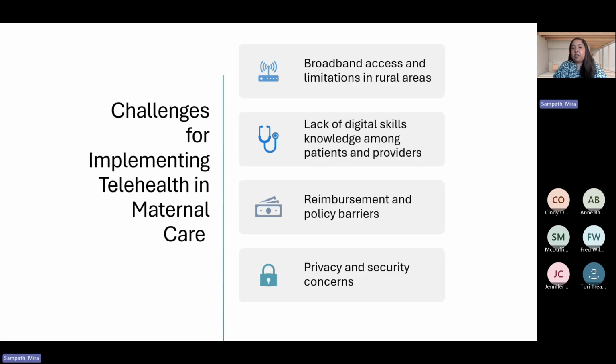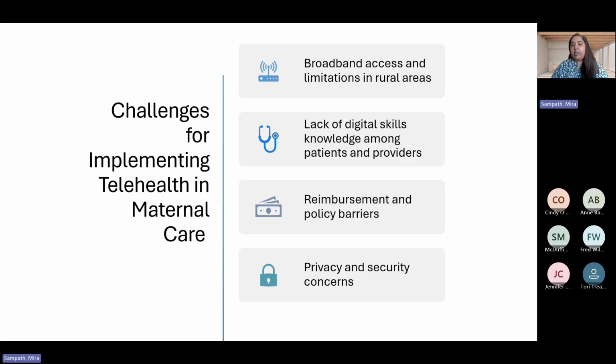And of course, privacy and security concerns, those are just relevant throughout. But again, patients do need to have a private, secure place where they can do these visits. Like I mentioned before, if you're doing it out of your OBGYN physician's office, that can mitigate some of that. But again, when you're doing it within your home or you need a different place like a telehealth hub or community space, you do need that private space where you can have these visits.